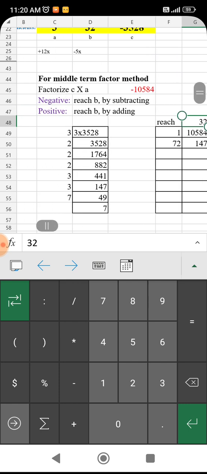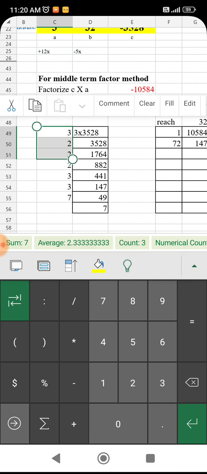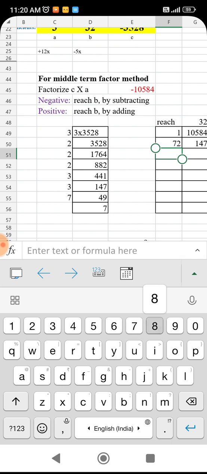So what will we do? This is 12, and we will take another 7. 3 fours are 12, 7 twelves are 84, so it will become 84.